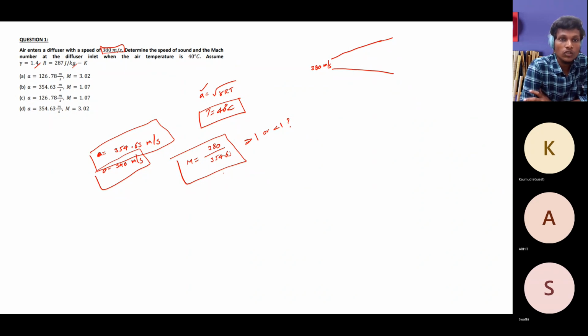One more question I want to frame is: since your Mach number here is greater than 1, that is a supersonic flow, and the flow at the exit has Mach number less than 1, what is happening in this diffuser section? What phenomena should happen if this case should be true?